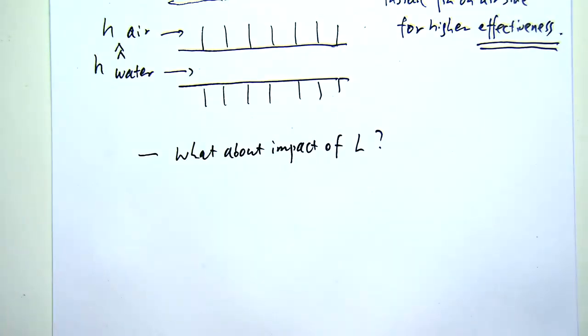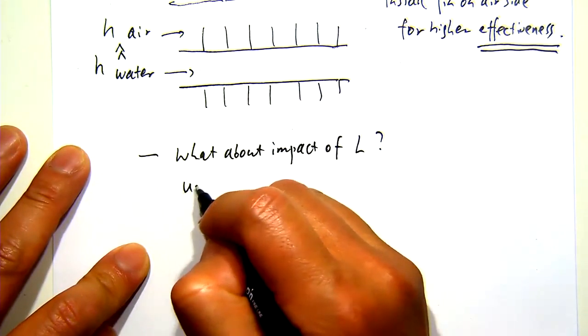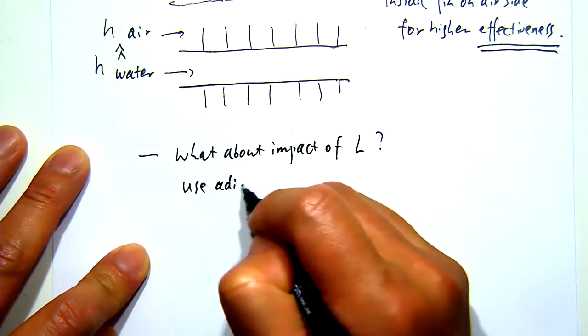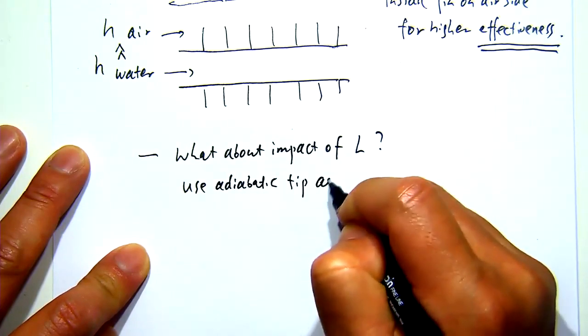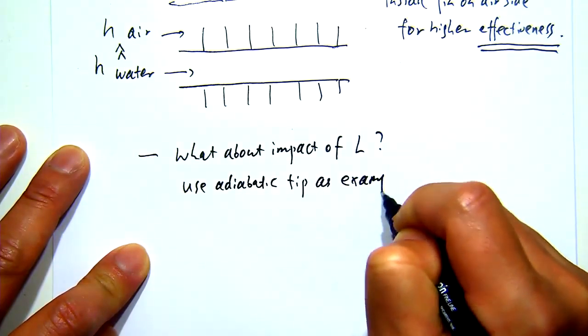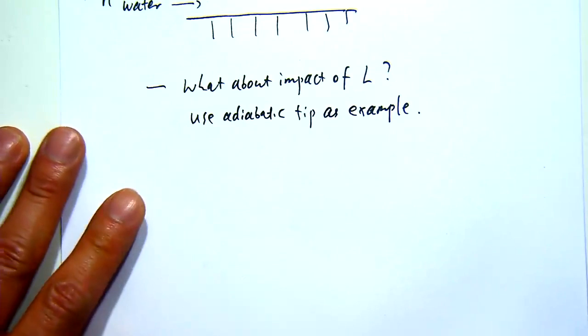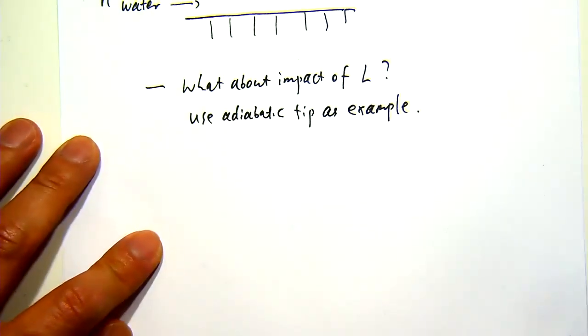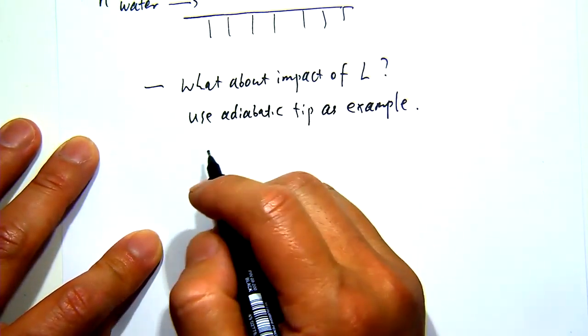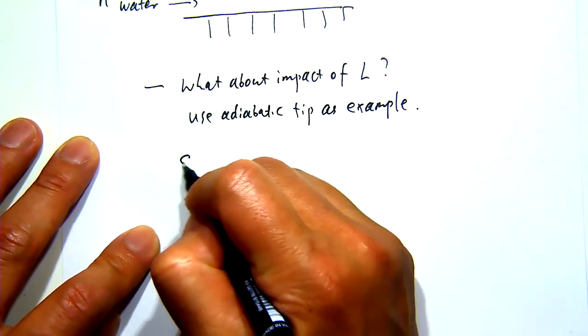In this case, let's use another tip condition as an example. Let's use the adiabatic tip, because with the adiabatic tip, we have a length, or L, term in the heat transfer equation solution.